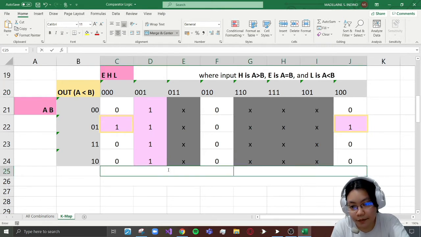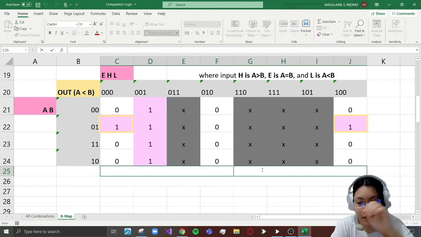So our first group are these 2. We can see that A and B are constants. So let's write them out. A is in its complement form and B is as is.